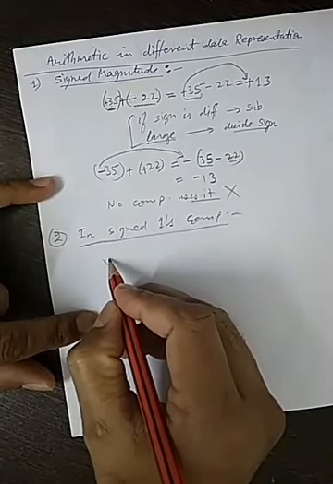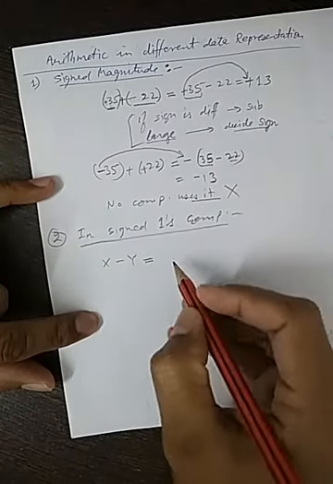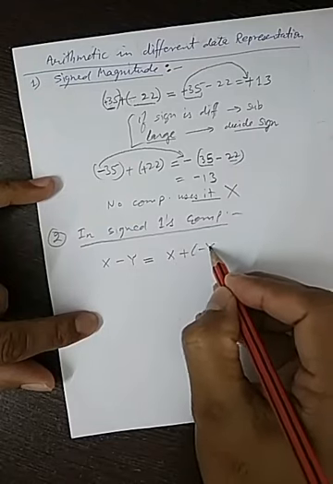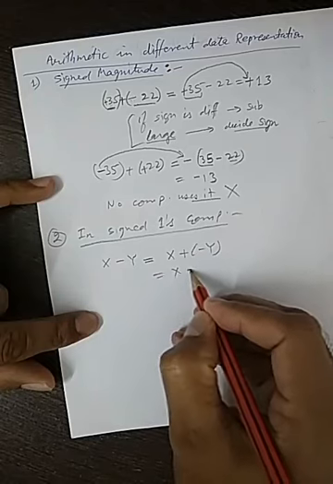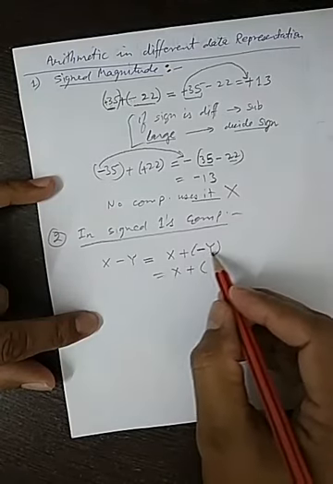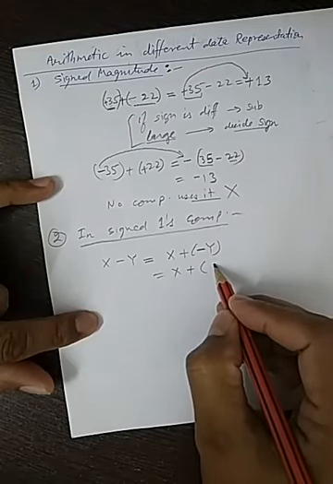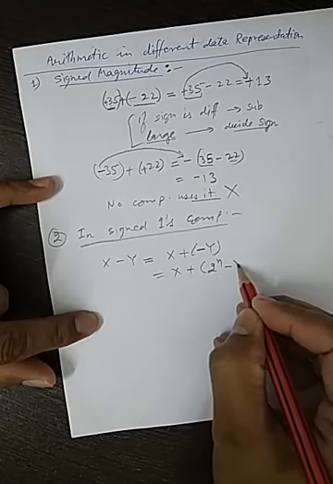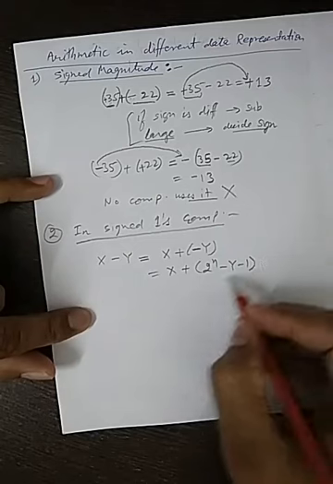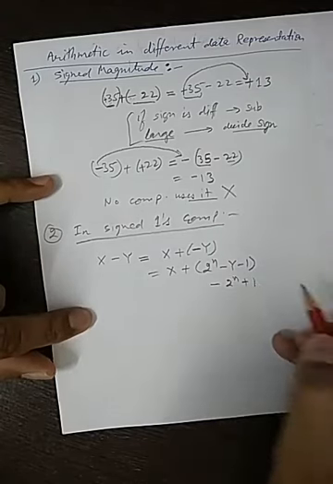I have a number x minus y. I can write this as x plus minus y. X plus minus y means I have to take the 1's complement of y. I can write this as 2 to the power n minus y minus 1, and I can write it like this, minus 2 to the power n plus 1.